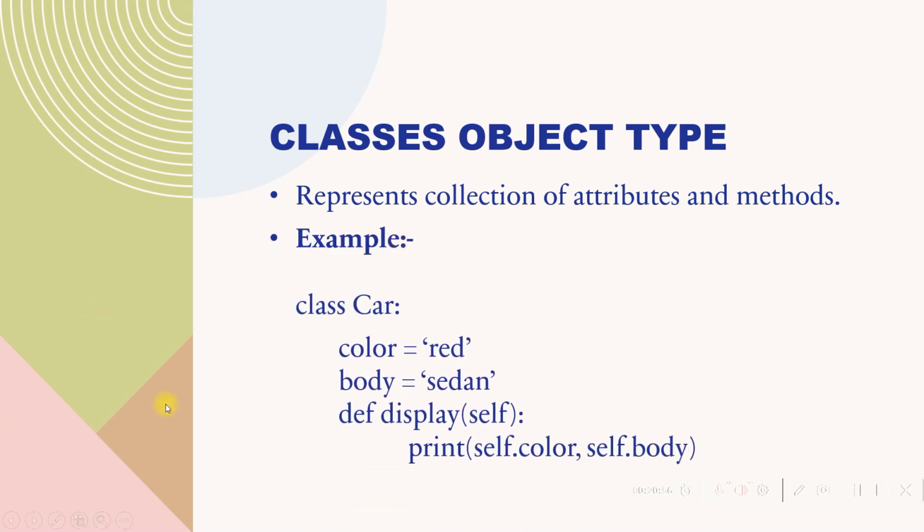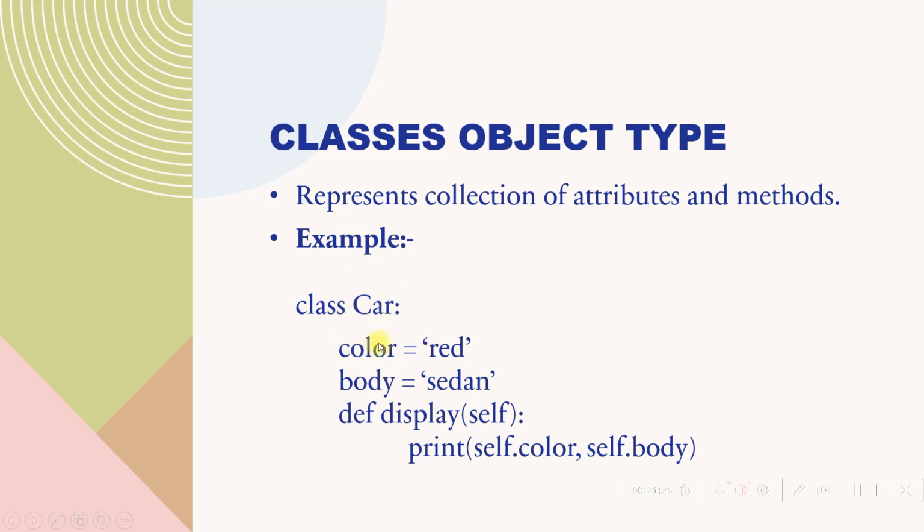Suppose that there is a class called car, and we know that a car has a color and a body. So we have defined two variables, or two attributes, inside the car class, color and body, and then we are displaying the color and the body of the car class. Okay, so this is all about the class object type.